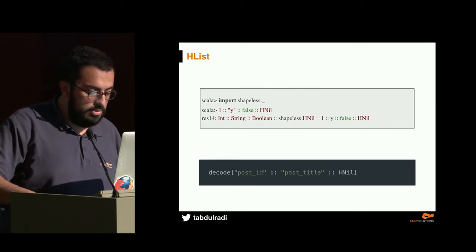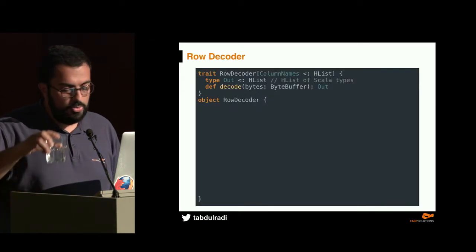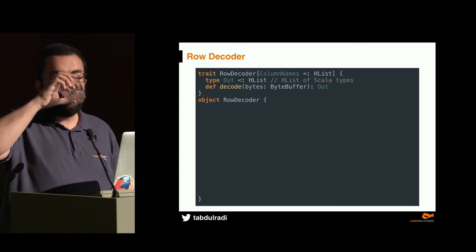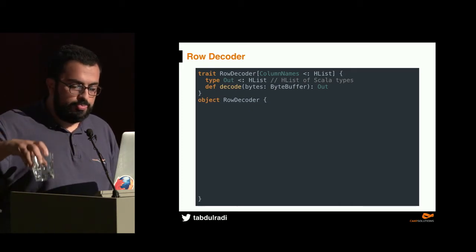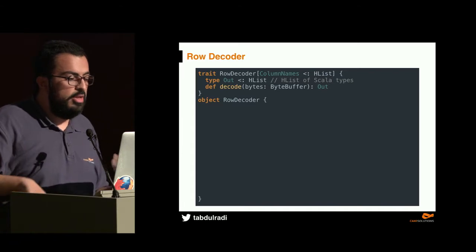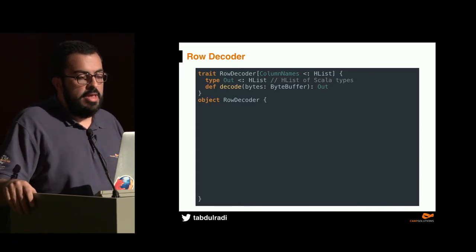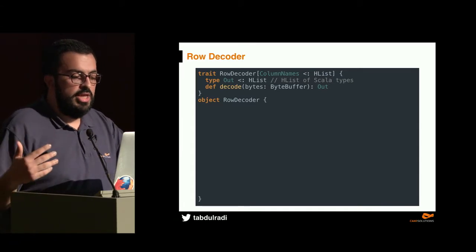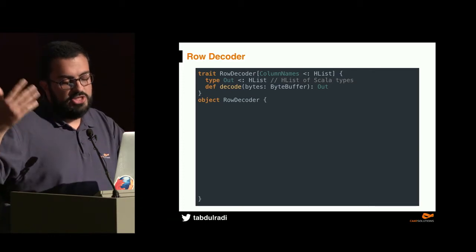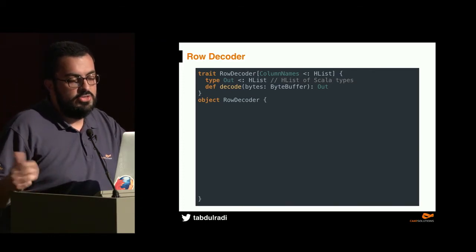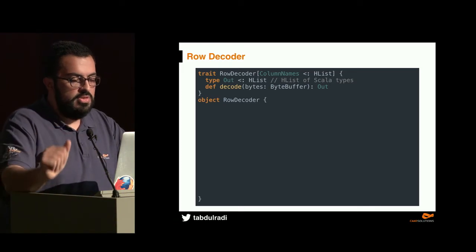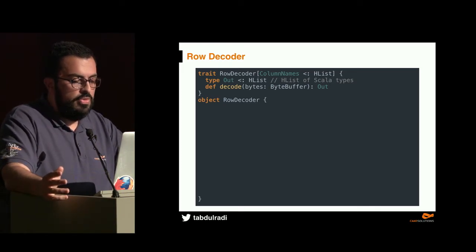So let's build this together. We're going to write a type class. The type class's input is an HList of column names. The HList should contain literal types. Unfortunately, this is something annoying about working with HList.